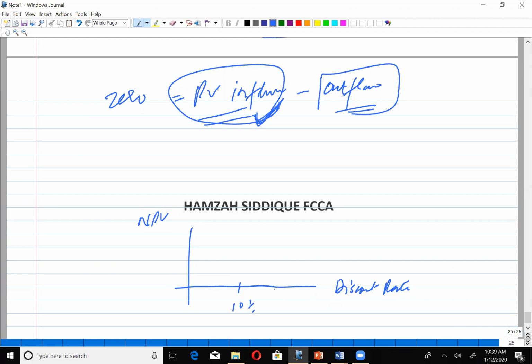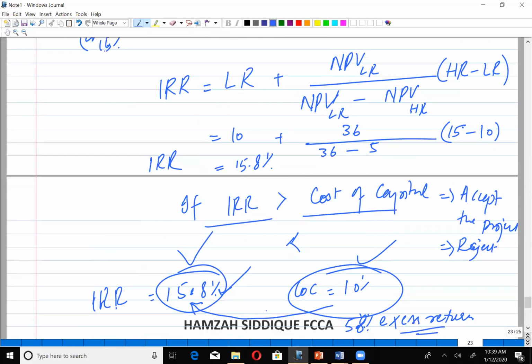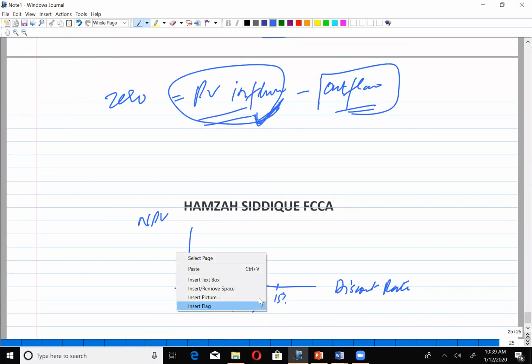We used 10% and 15%. At 10%, NPV was 36, and at 15% it was 5.